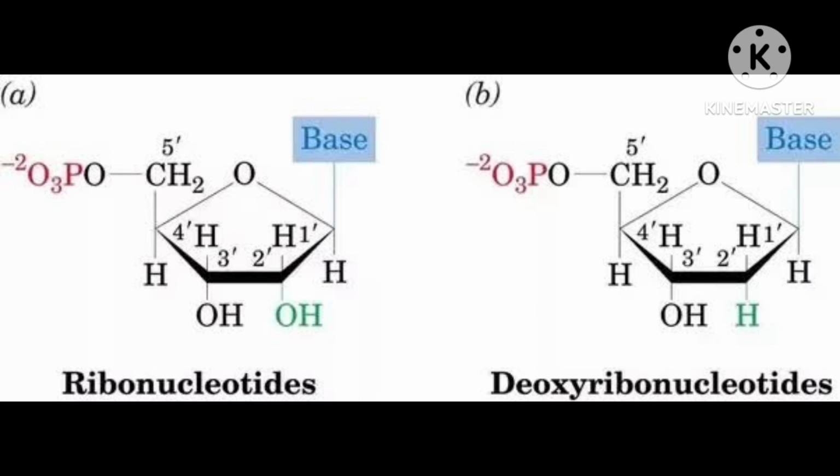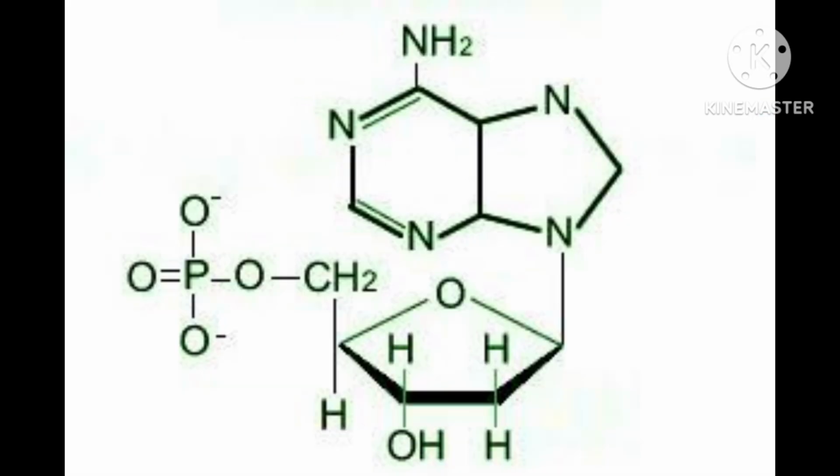Carbon has 4 valency, remember. Through 1 valency OH, and the other will be H, and that carbon is joined with 2 other carbons. Total valency is 4. C is joining with 2 other carbons, so 2 valencies are over, and of the other 2, one is H, the other is OH. Then in beta D ribose, I told you, that is beta D deoxyribose because OH is present at carbon number 2.